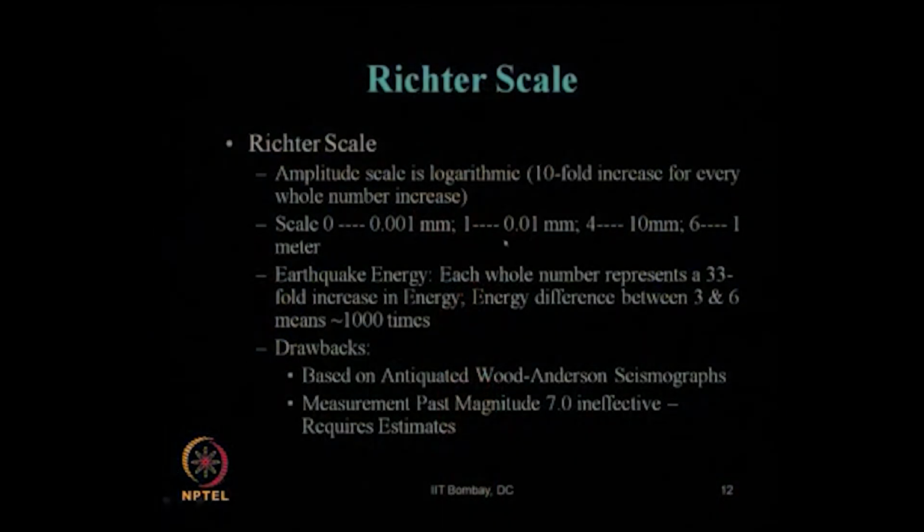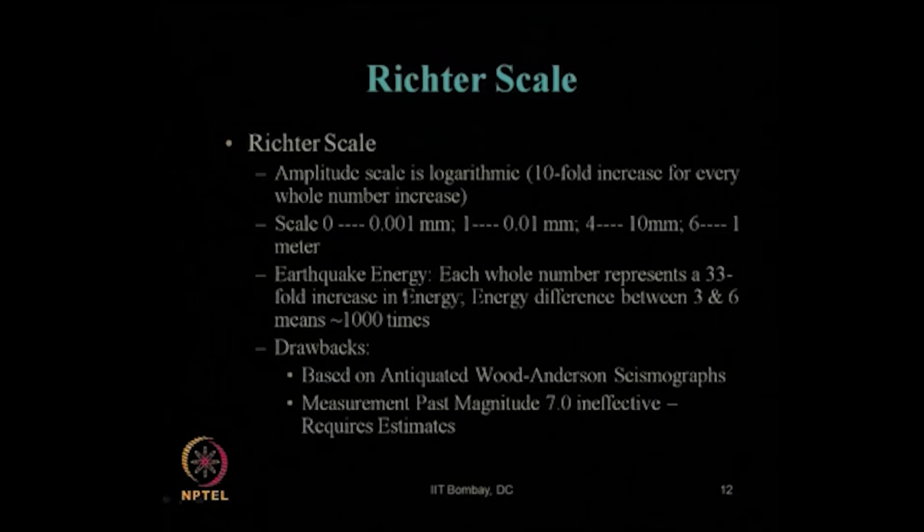So, as shown in this slide, you can see each whole number rise in the Richter magnitude denotes a 10-fold increase. That is why 4 to 6, a 2 whole number rise, is 10 millimeter to 1 meter.